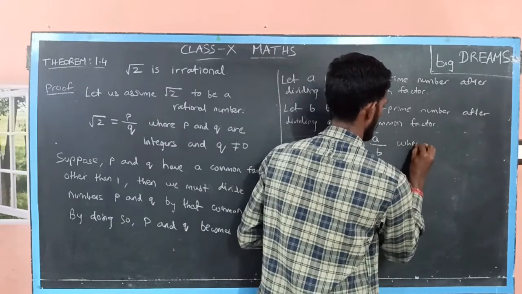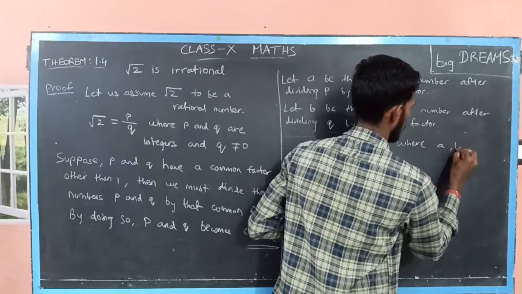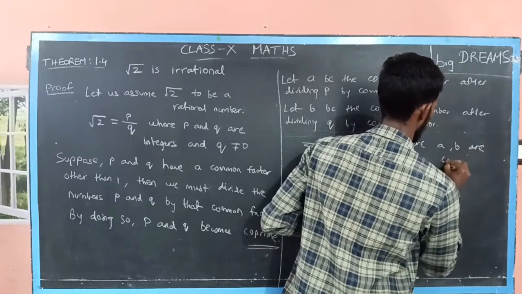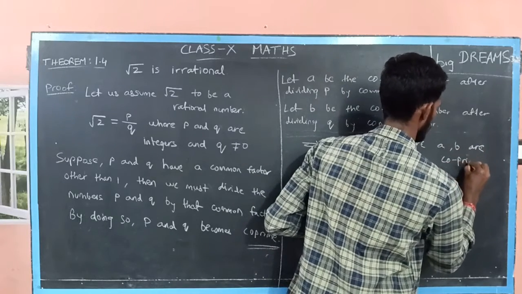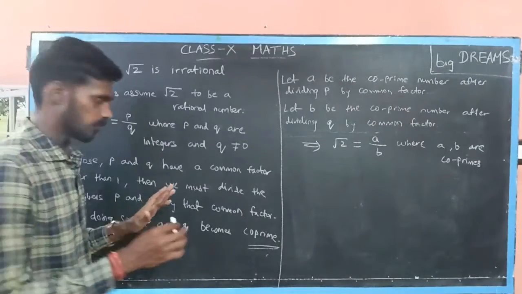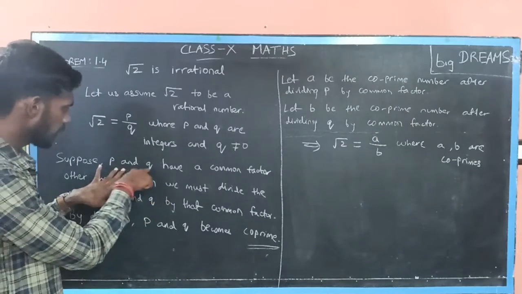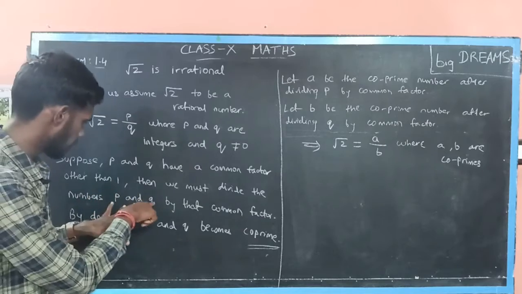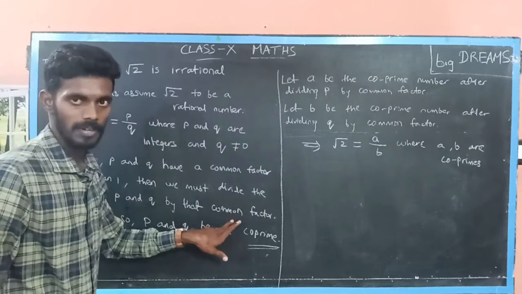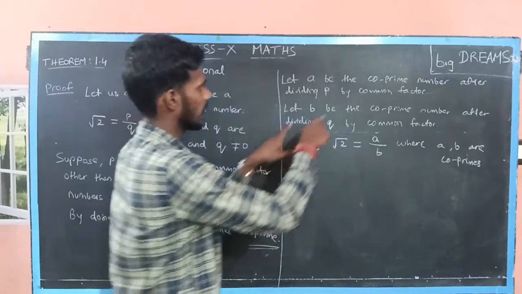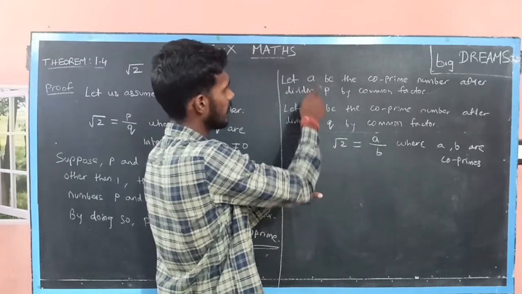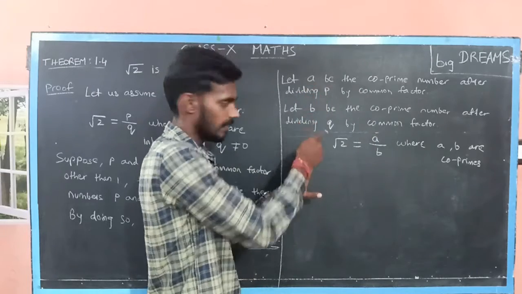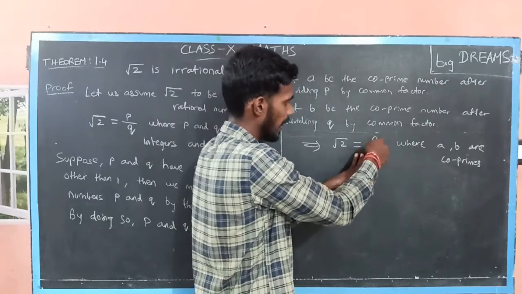where a and b are co-primes. Listen carefully. Here p and q have a common factor other than 1, so I am dividing the numbers p and q by that common factor. After dividing, I am getting the numbers a and b, where root 2 is equal to a by b.